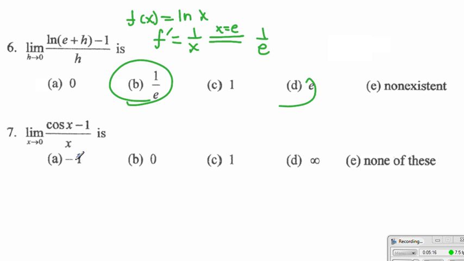Here, let us look at number 7. In case of number 7, we can look at this one this way, where f of x, in the same manner, f of x can be cosine of x. Now, you might be wondering, how could it be possible?